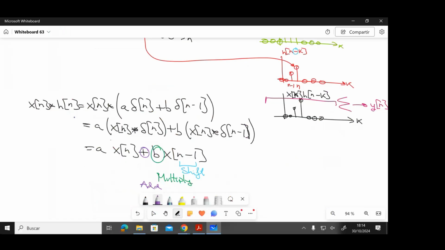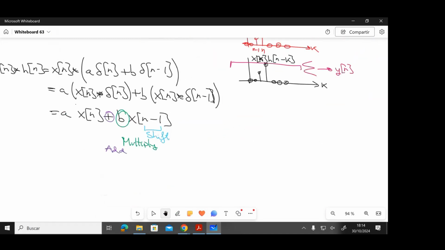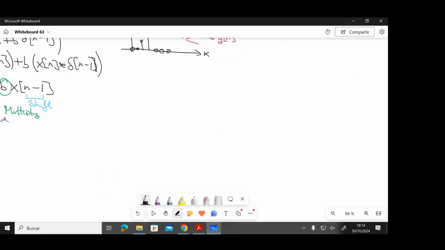So you have a signal that goes from 0 to n minus 1, so n samples, and then your kernel goes to m minus 1, so m samples.